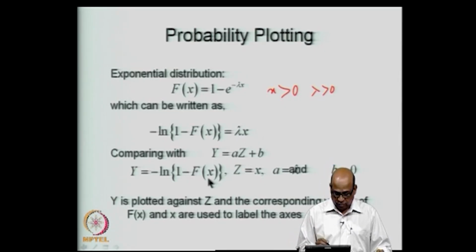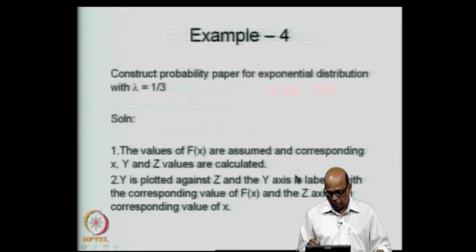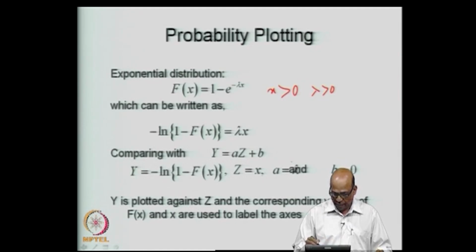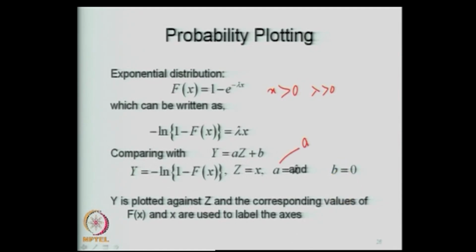I want an expression of the type y equals a z plus b, and therefore, I will write y as minus ln of 1 minus F of x, z equals x, a equals lambda, and b equals 0.